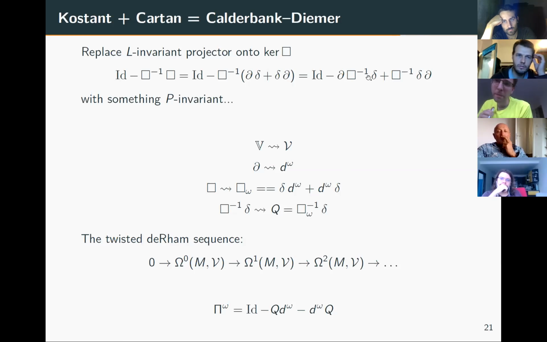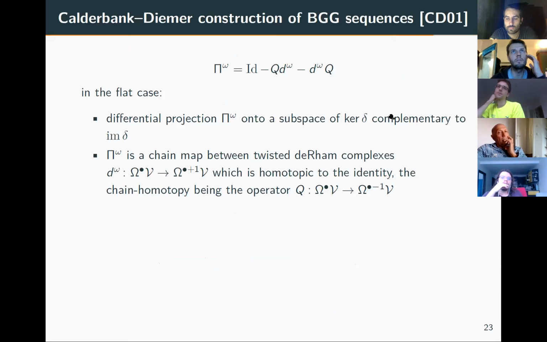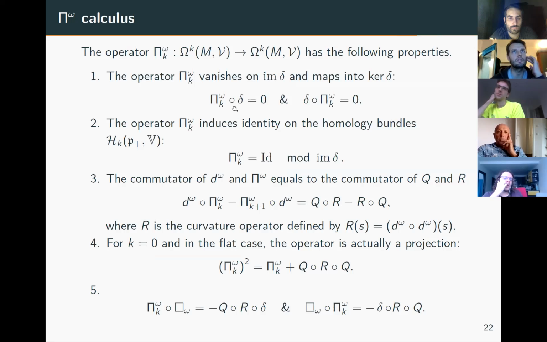But why does this pi go from homology to the original sections? Okay, strictly speaking, it does not. It's an operator from V to V, or let's say from forms with values in V to the same space. But this lemma, or this proposition, says that it vanishes on the image of delta and maps into the kernel of delta.